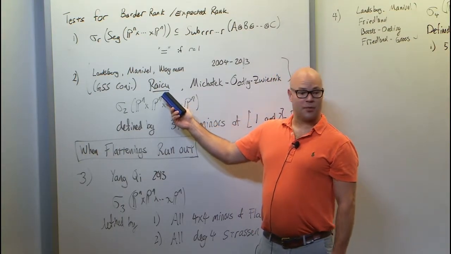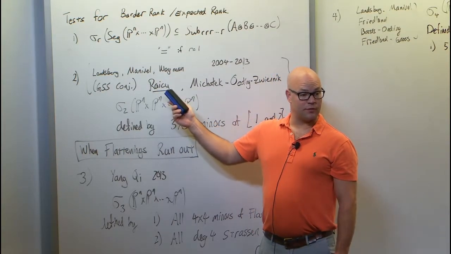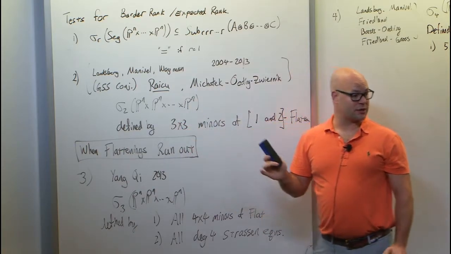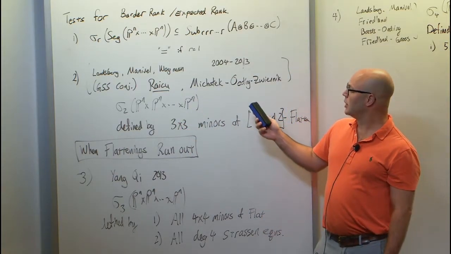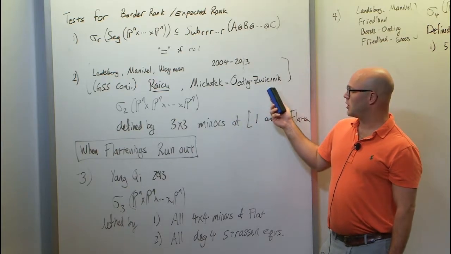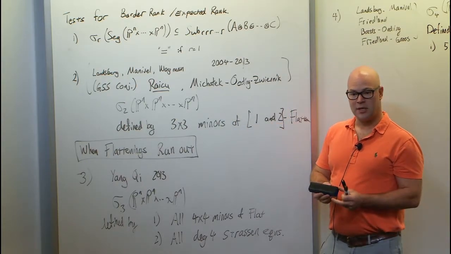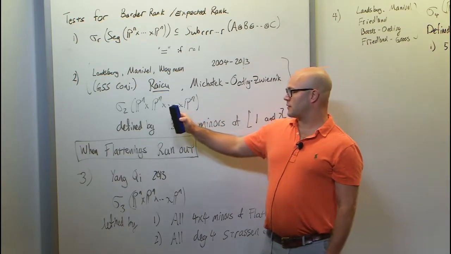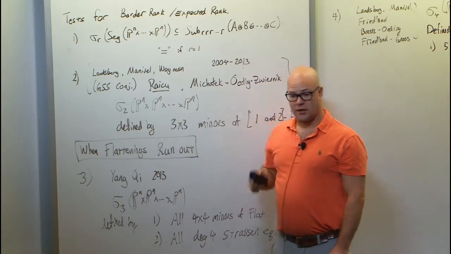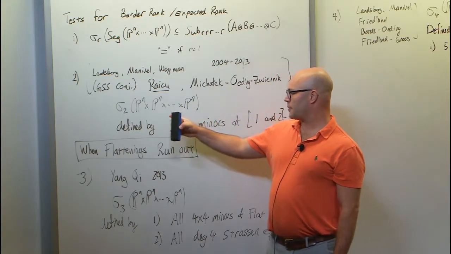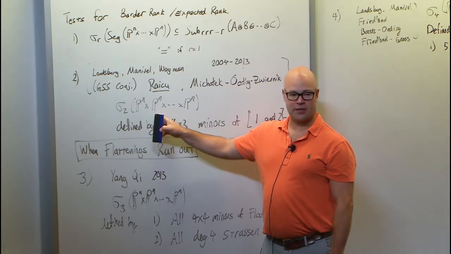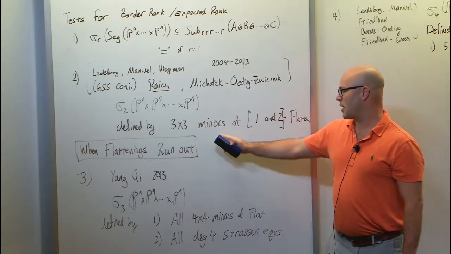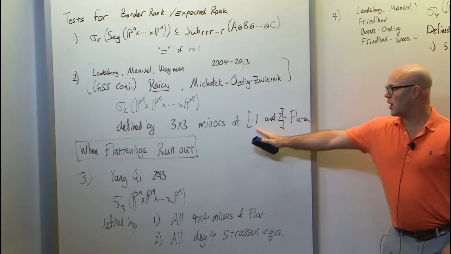Claudiu Raicu has the most refined version of this statement and proved the full force of their conjecture and also a generalization of it. With Mateusz Michałek and Piotr Zwiernik, we also described a lot of the local properties of this variety in any characteristic. So the point is that the second secant variety, the border rank 2 tensors, is defined by all the 3x3 minors of the 1 and 2 flattenings.